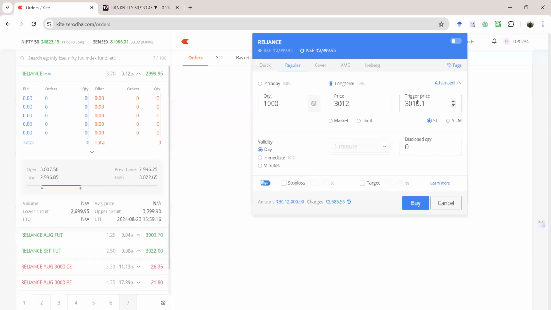So we can use trigger price 3010 rupees 10 paise, execution 3012 rupees. This does not mean that our buying will happen at 3012 rupees. Buying will start immediately at 3010 rupees 10 paise and it will complete before 3012, or at 3012 maximum. If it jumps directly to 3015, it will not get executed. But if it goes gradually up to 3012, then 1000 quantity will be executed.